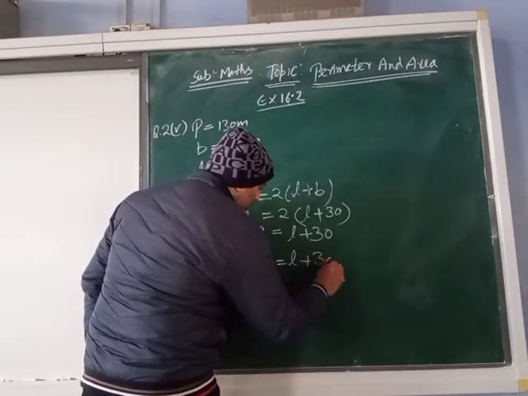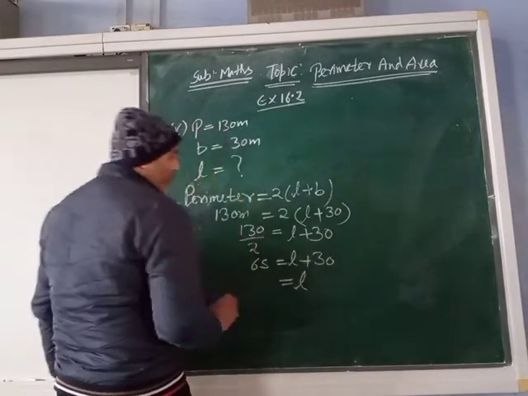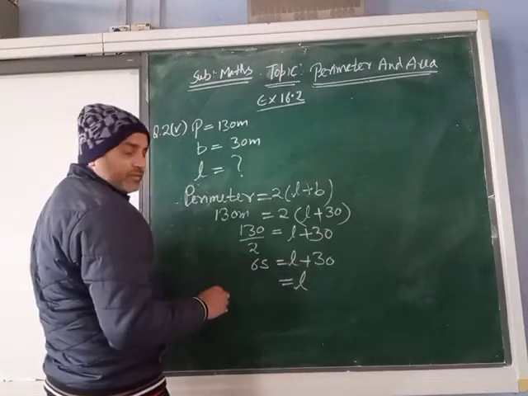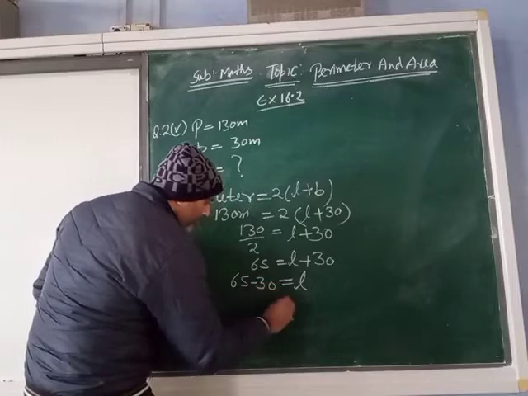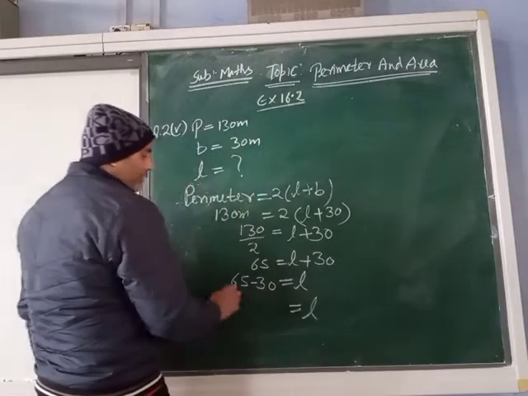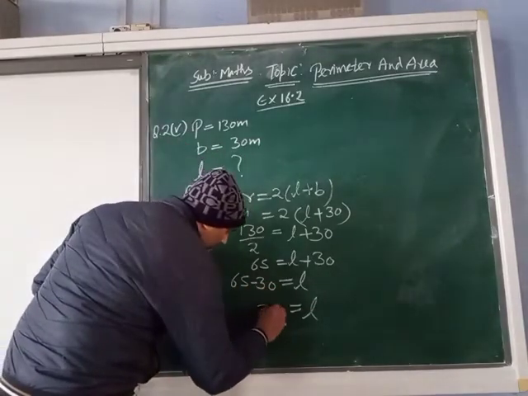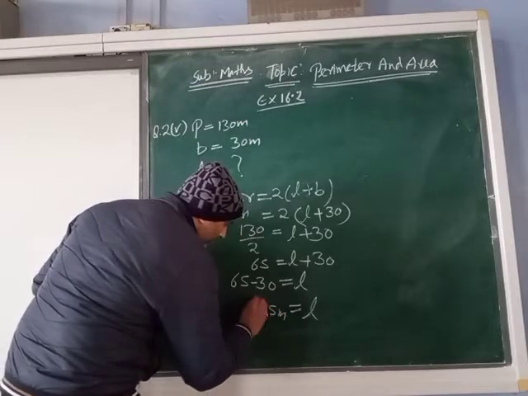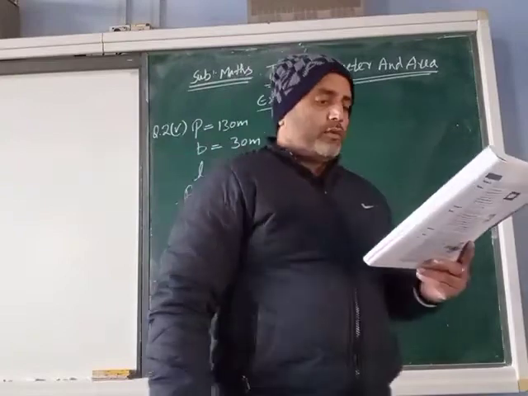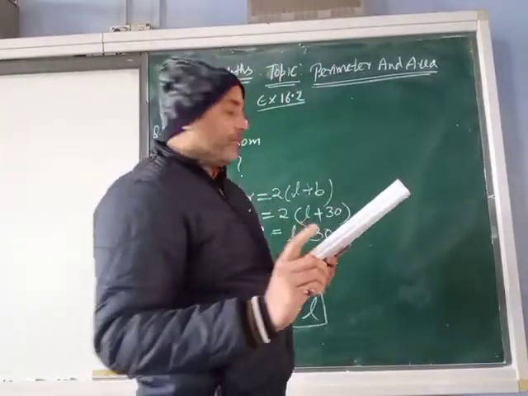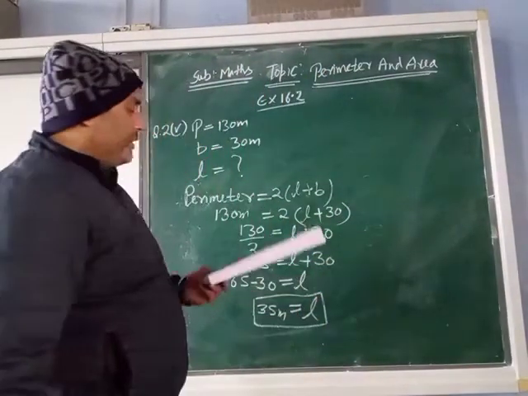L plus 30 equals 65. Now, when plus 30 changes sides, it becomes a minus symbol. Then what is the length? Subtract this. That is 35 meter. So the length we have is 35 meter.